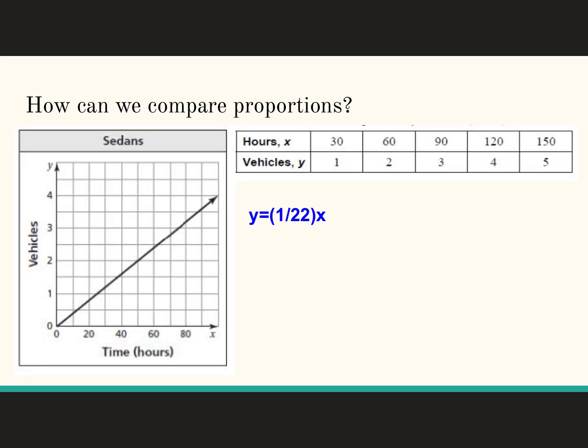Well, what about here? Now I have a graph, I have a table, and I have an equation. So I need to find the constant of proportionality for each of these. So for my graph, I can see that I made 2 vehicles in 50 hours.